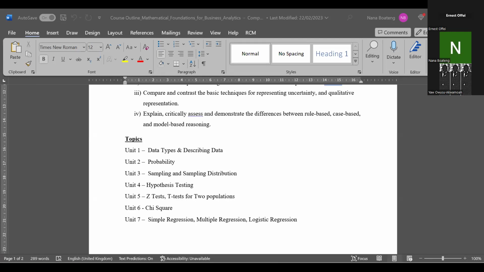Please, can you see my screen? The new one, the slides. No, you also? Okay. So can you see the study objectives? I can see topics.